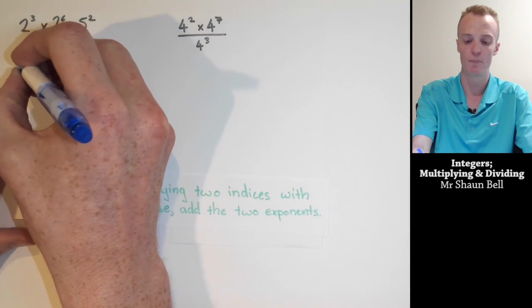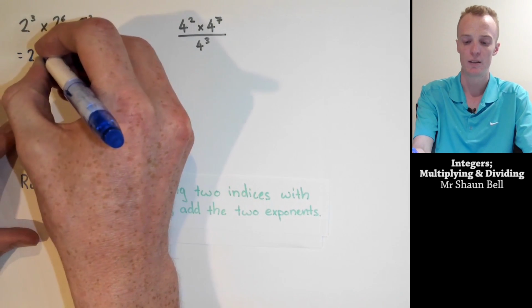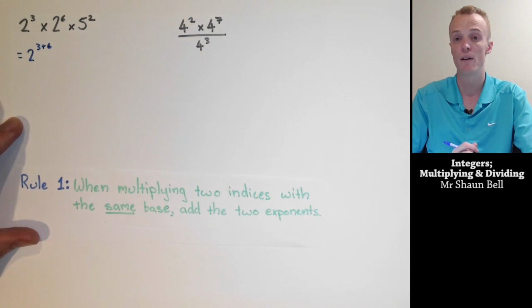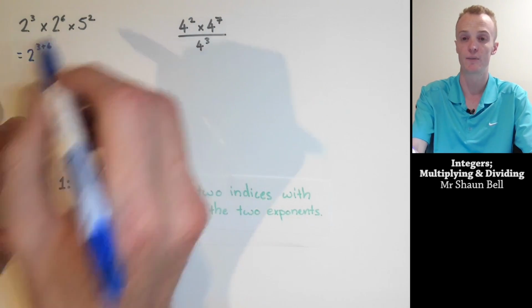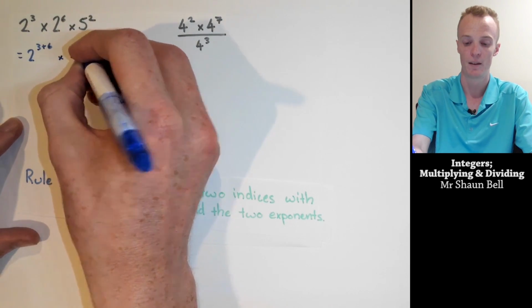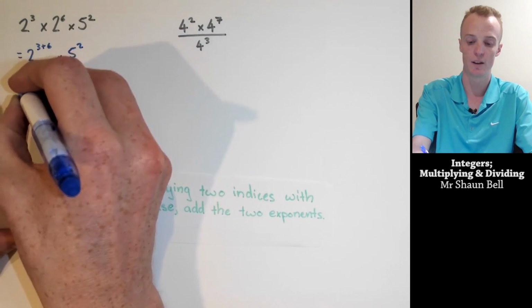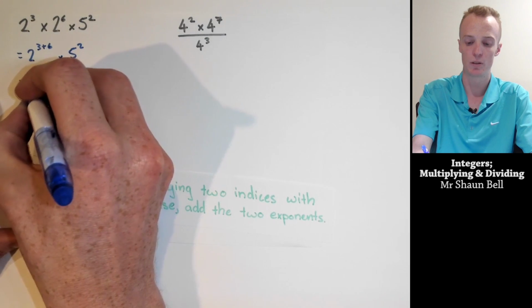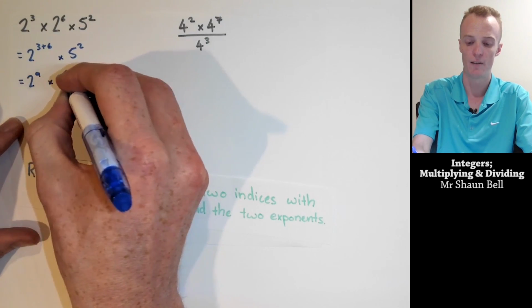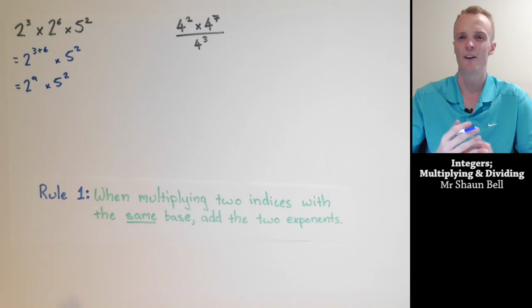So that is going to be equal to 2 to the power of 3 plus 6. However, we're still multiplying by this 5 to the second power, so we keep that in the problem. Now, 3 plus 6 is going to be 9, so that's equal to 2 to the 9th power multiplied by 5 squared.